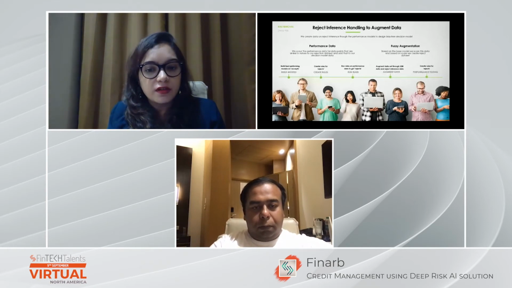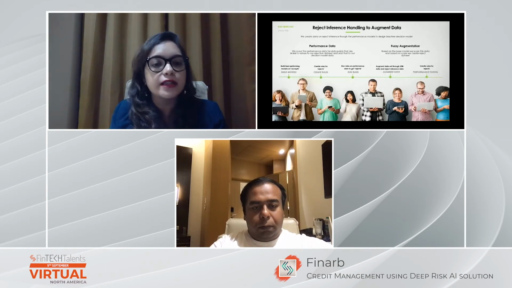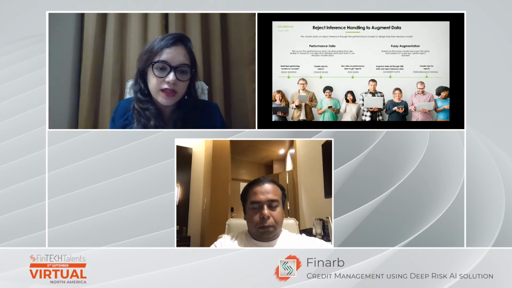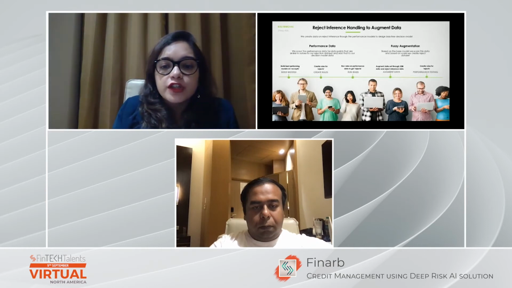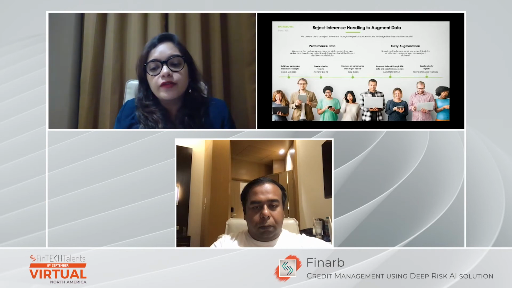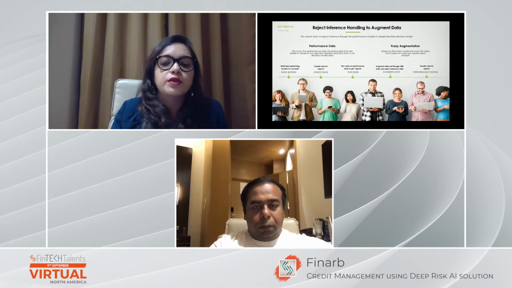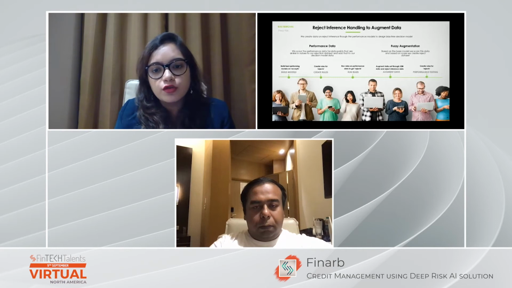And through this, we are able to nullify the bias that would have otherwise cropped into the data itself, where our data would not have seen any reject applicants when we are designing the models. So these are some of the differentiators that are ingrained into our modeling principles, our design principles.